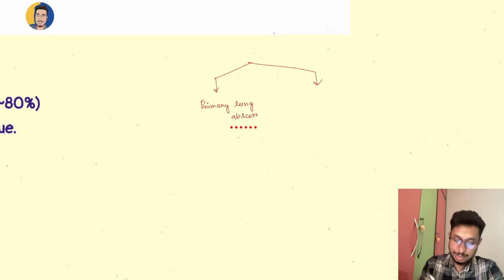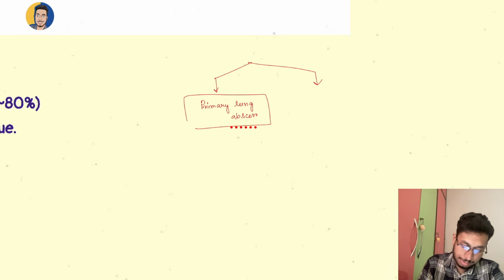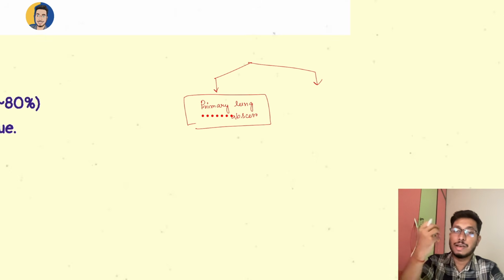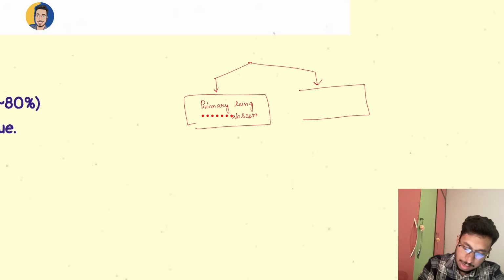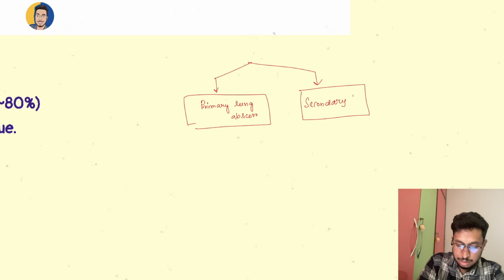This kind of event is known as primary lung abscess. Now, if there is some infection, foreign body obstruction or malignancy which obstructs from within the lung tissue itself, it is considered a secondary lung abscess.